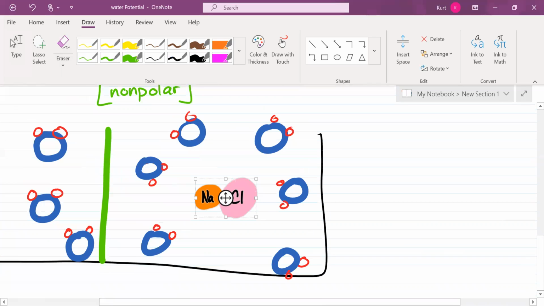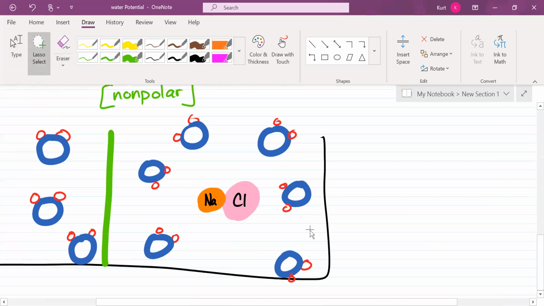There it is. Do you know what happens to sodium chloride when you place it in water? It dissolves, but the real word that we're looking for is that it ionizes. It's going to ionize, which means it is going to separate. Dissolve is the same meaning here.